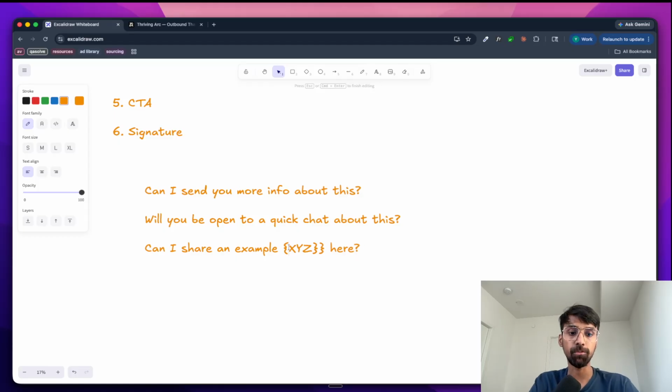And XYZ could be, for example, in case of PPC agencies, you can share like three or five different ad scripts, or you can just create a UGC video and send it over. You can upload it to Google Drive, share that Google Drive link and just send that link over, and somebody will look at that.